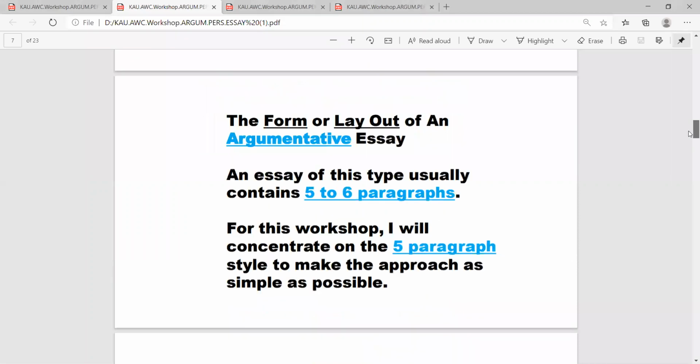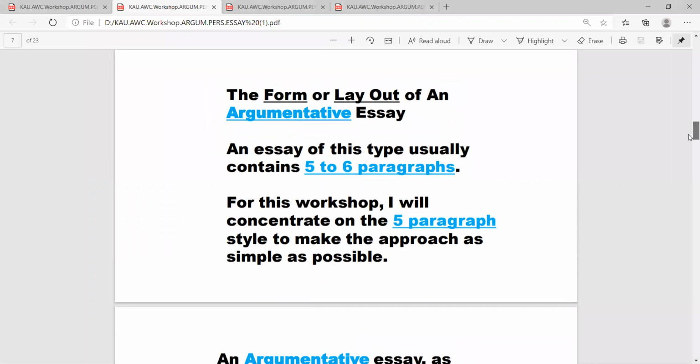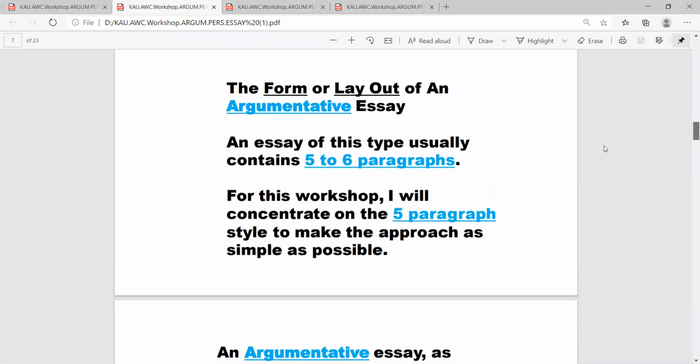What is the layout or the form of an argumentative essay? Well, as in most essays, they're usually 5 to 6 paragraphs. Again, you have an introductory paragraph where you state your position. For example, I think uniforms should be used in elementary schools and high schools.